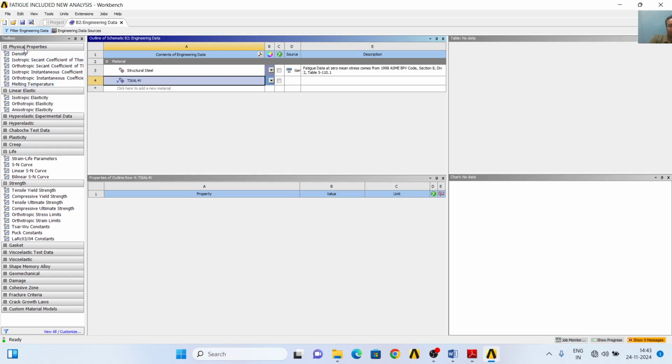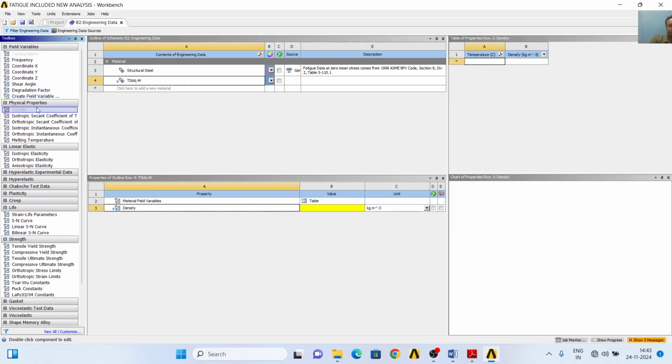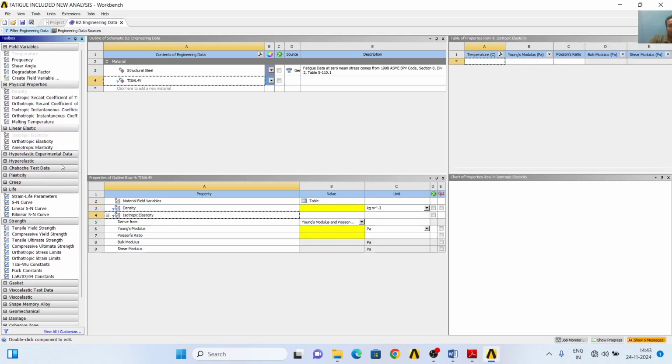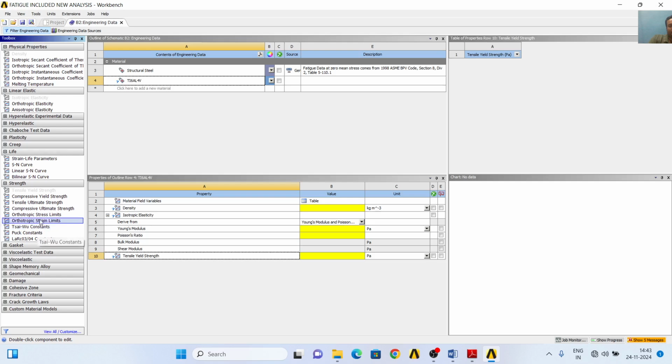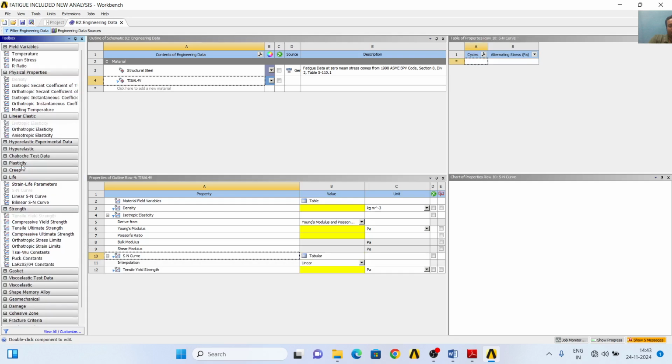From the physical properties I will take density, from here isotropic elasticity, and tensile yield strength, and for life investigation I will take the SN curve.